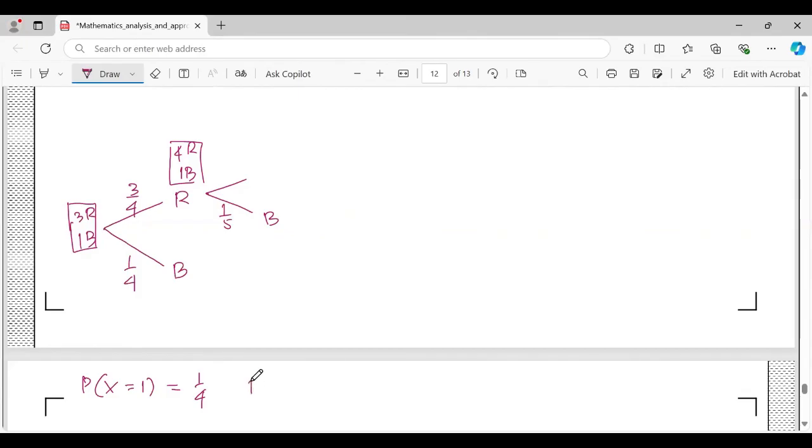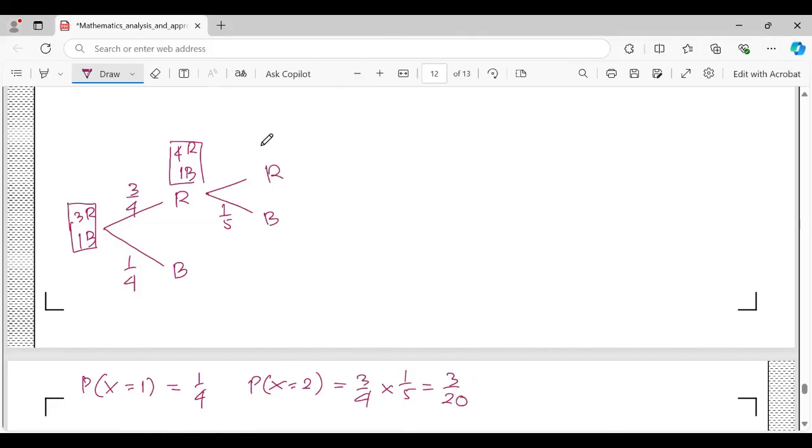So the probability x equals 2, the second selected, I mean, that is 3 over 4 times 1 over 5, 3 over 20.